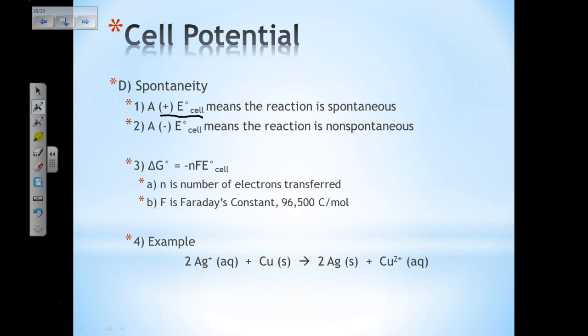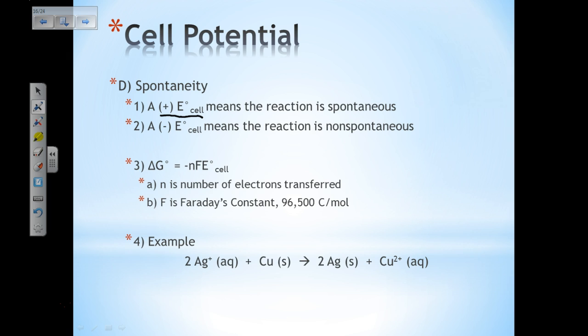Batteries will always have a positive voltage, like a 9-volt battery. It's always going to be positive because that reaction going on inside the battery is always happening.